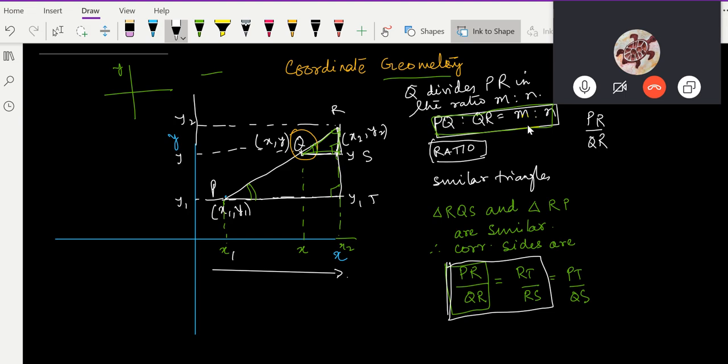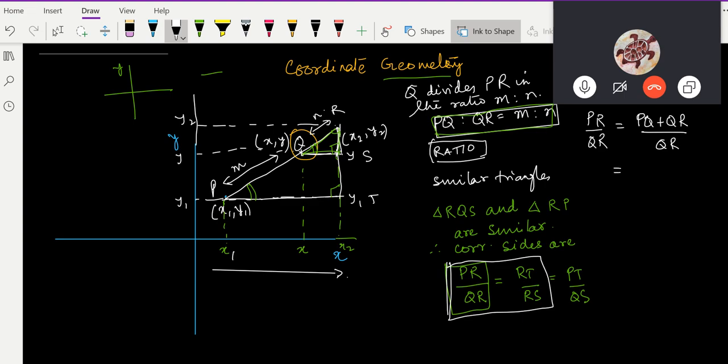PQ is M and QR is N. So what is PR over QR? Not MN. PR is PQ plus QR, over QR.